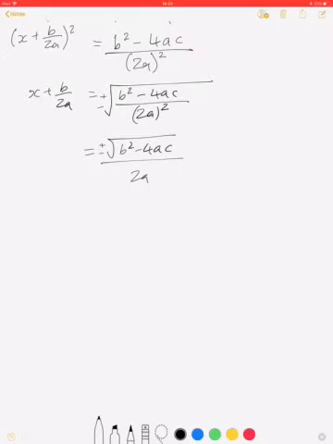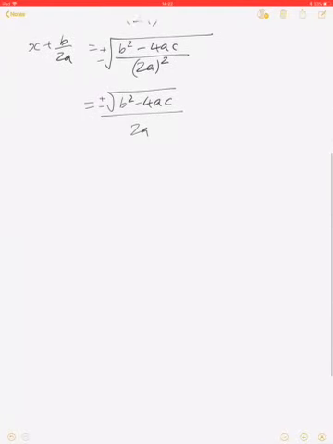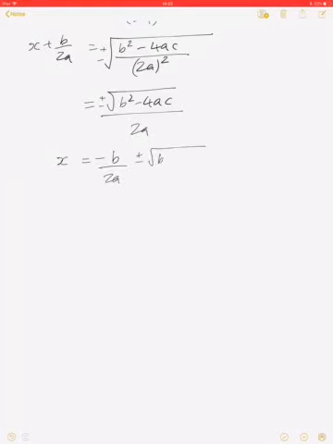And if I subtract b over 2a from both sides, I get x equals minus b over 2a plus or minus the square root of b squared minus 4ac all over 2a.